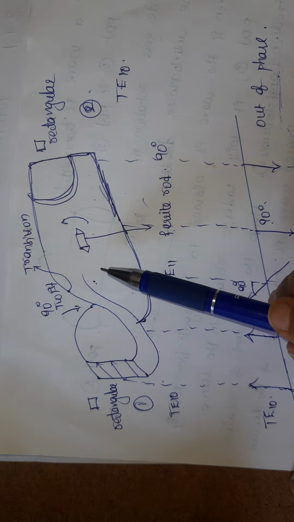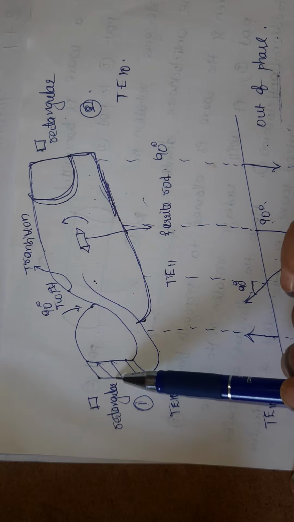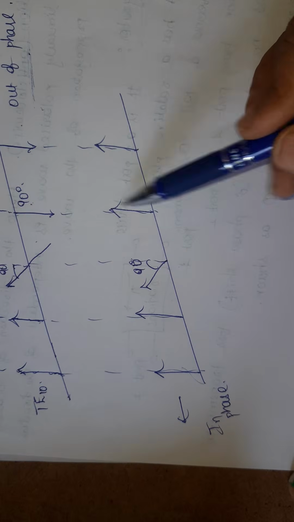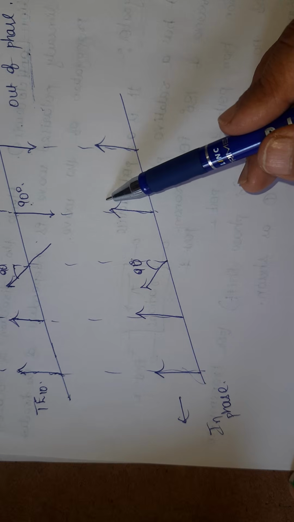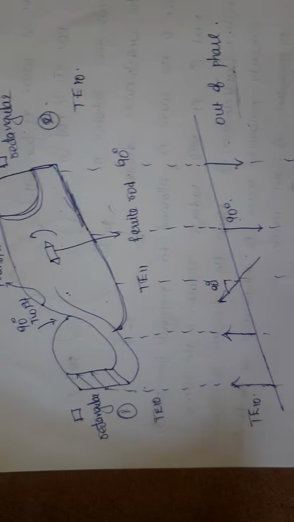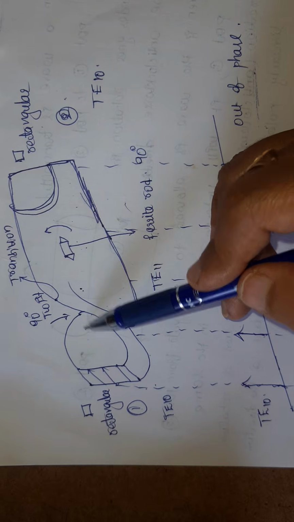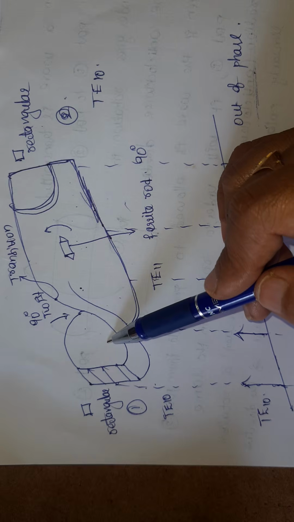When the wave is moving from port 2 to port 1, it will offer a clockwise phase shift. So because of this 90 degrees twist, here I am having a clockwise phase shift. Here the anti-clockwise phase shift of 90 degrees and the clockwise phase shift of 90 degrees get cancelled.